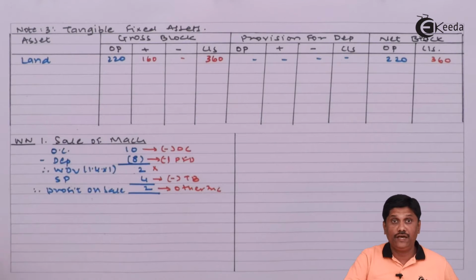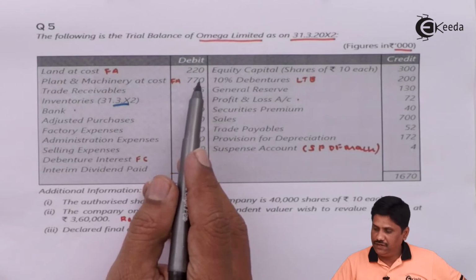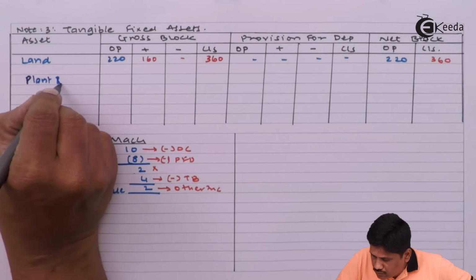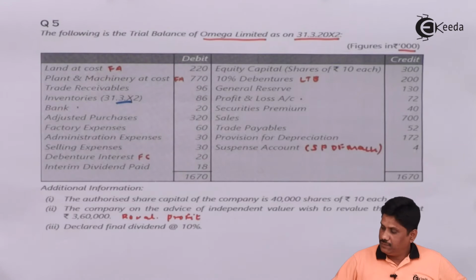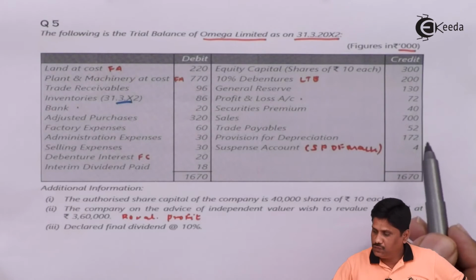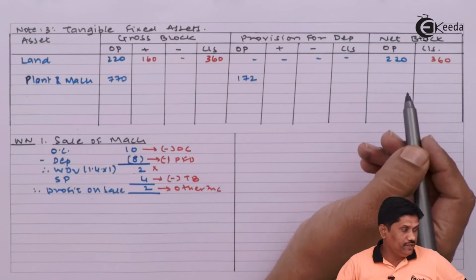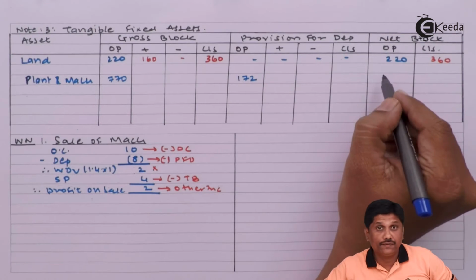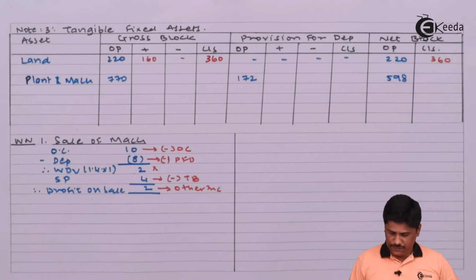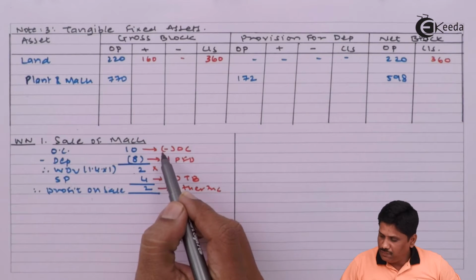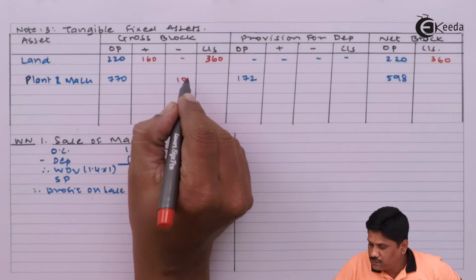Let me write the machinery's existing balances in my format. Plant and machinery at cost 770. On the credit side, PFD is given 172. So my opening WDV is 598. Now I need to give effect for the adjustments. Original cost of 10,000 being sold will be reduced from my original cost, that is 10.